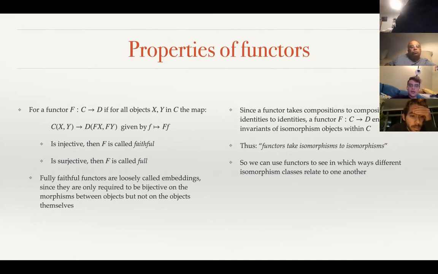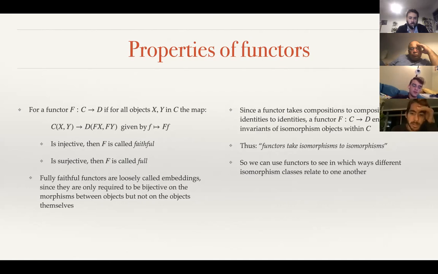A functor, right, takes compositions to compositions and identities to identities. That's in the definition, meaning that it encodes invariance of isomorphism classes, or isomorphisms of objects within C. It preserves the morphism information.